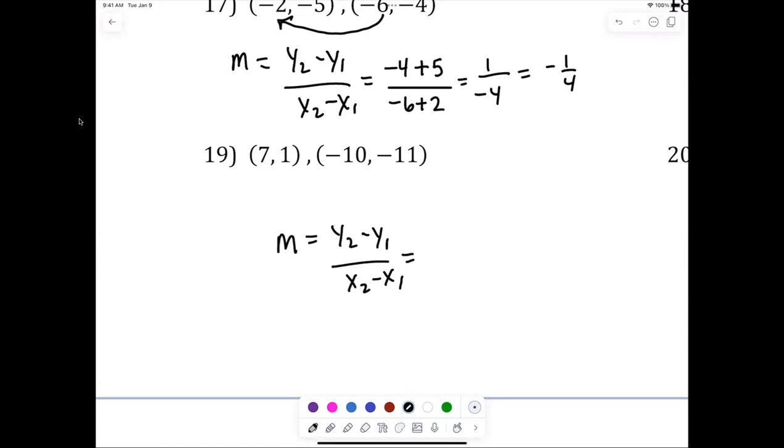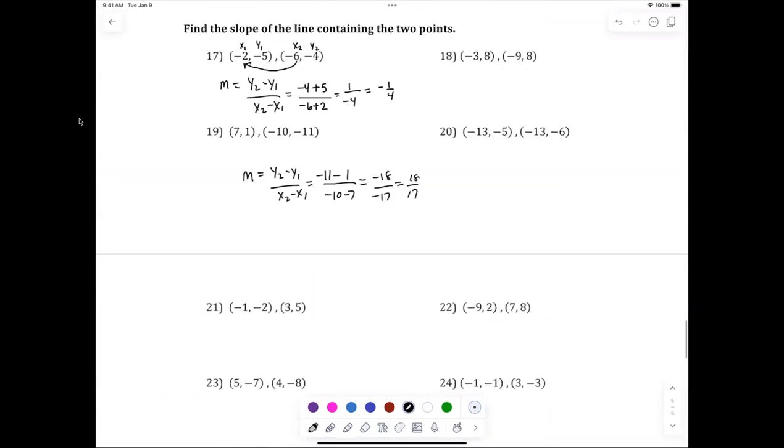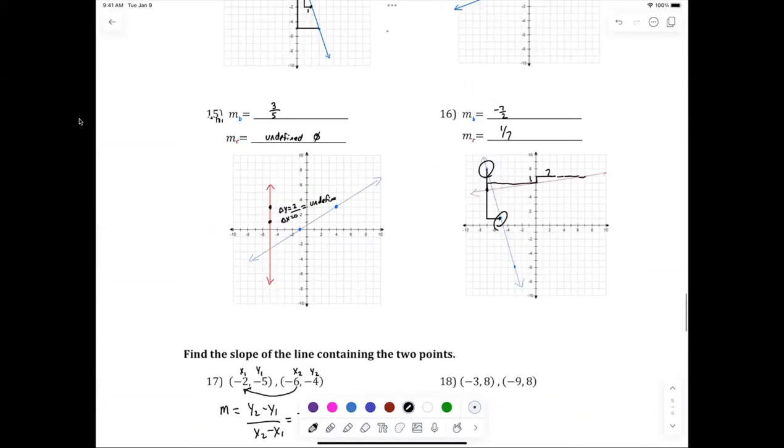Then, what's y2, please? -11 minus, what's y1? 1 over -10 minus 7 equals -18 over -17, which is 18 over what? 17. All right, easy as that. All right, guys, your job is to finish it up. All right, you're welcome. Finish up.